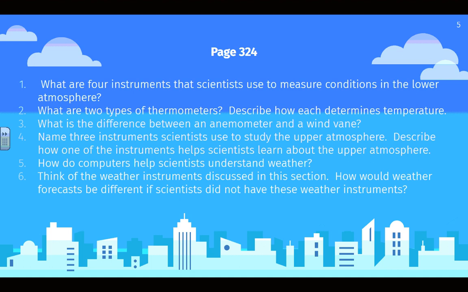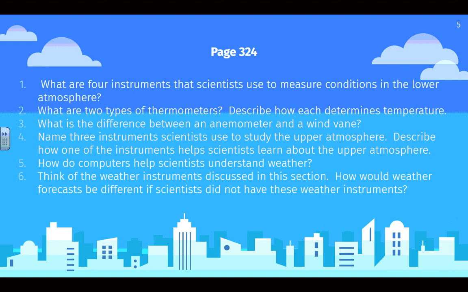Page 324. What are 4 instruments that scientists use to measure conditions in the lower atmosphere? What are 2 types of thermometers? Describe how each determines temperature. What is the difference between an anemometer and a wind vane?